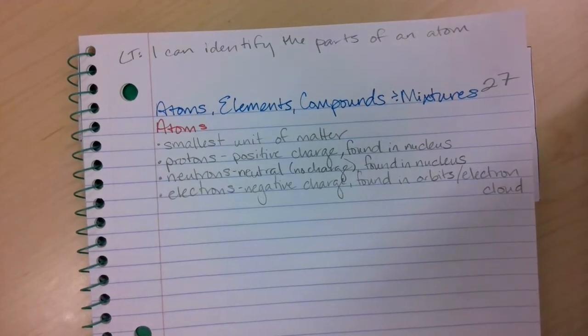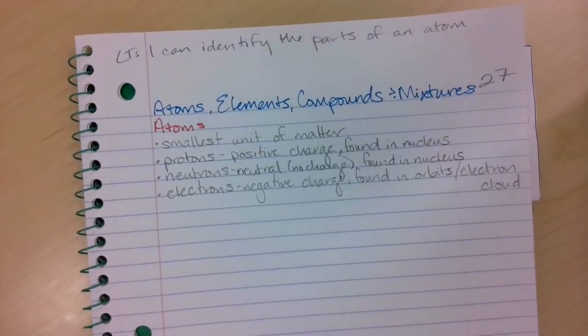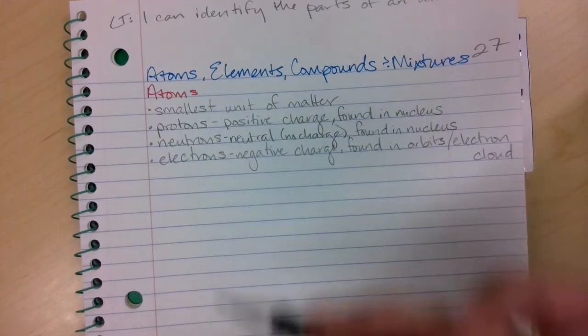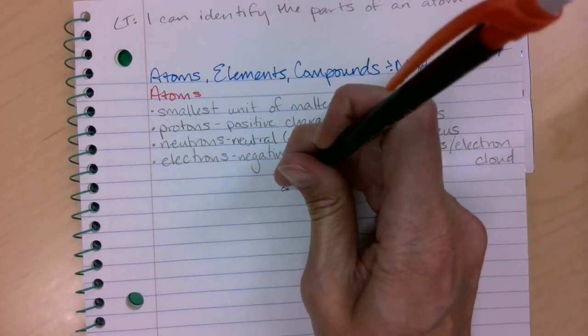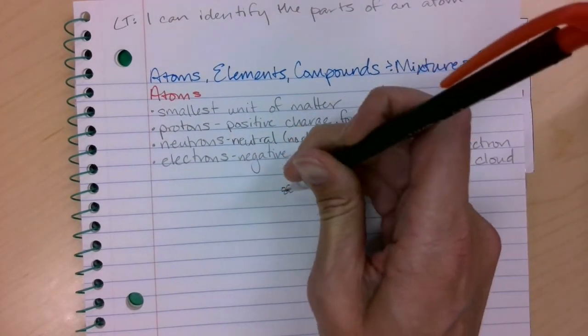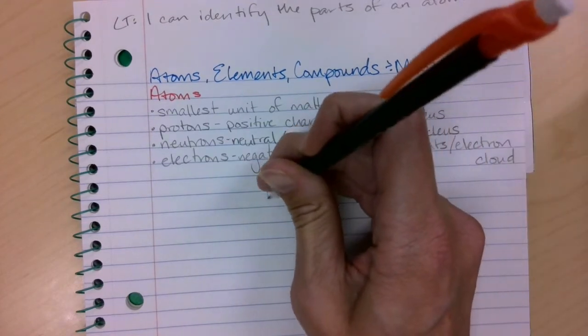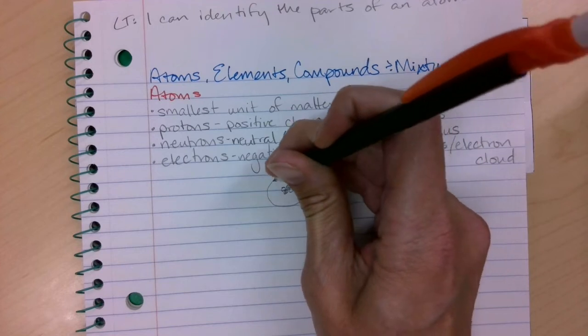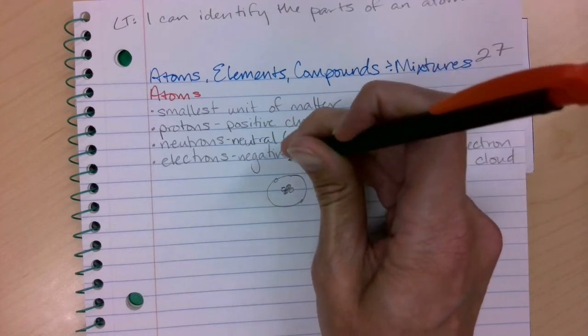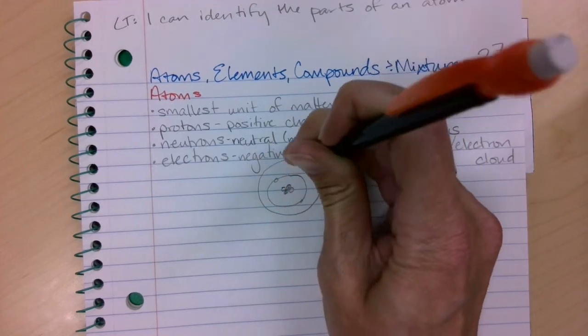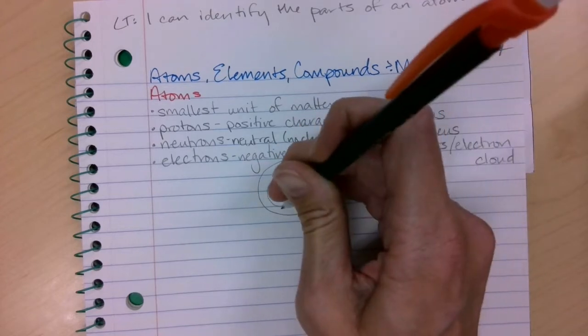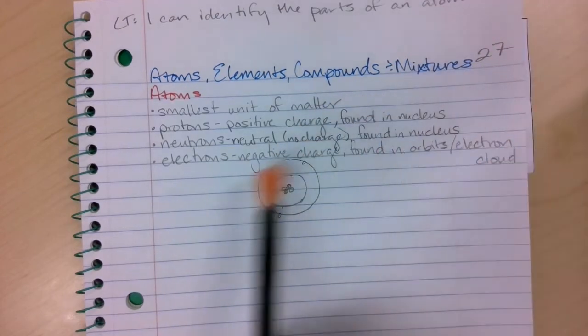Okay, so if we were to draw a picture of an atom, I'm going to keep mine kind of small so all of our notes fit. We've got protons and neutrons in the middle, and around them are going to be electrons orbiting in the cloud, electron cloud, or in the orbits.